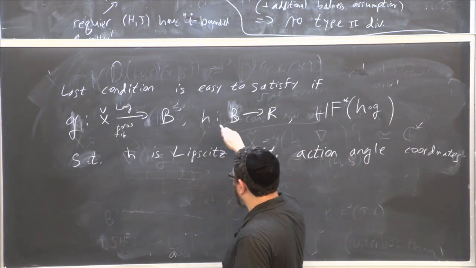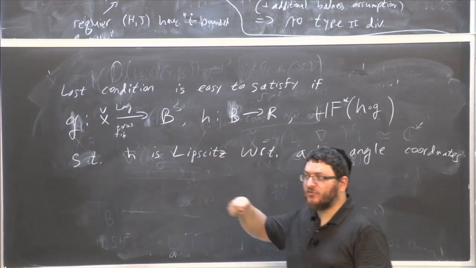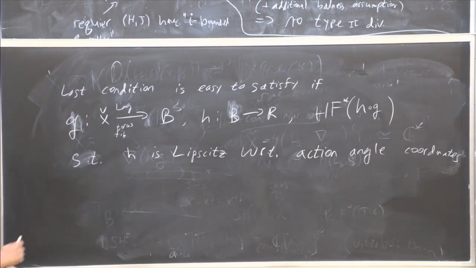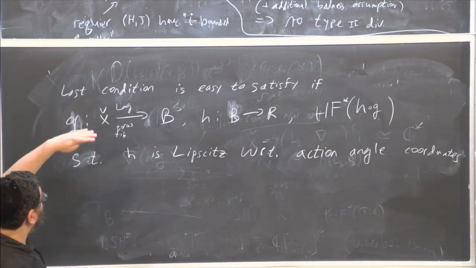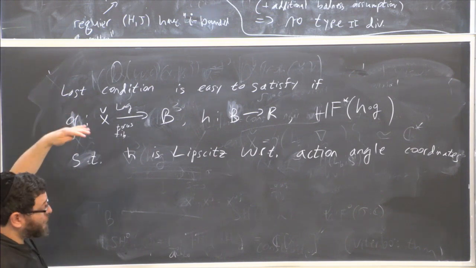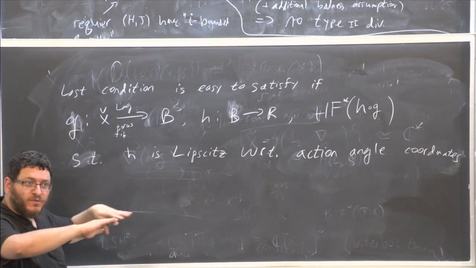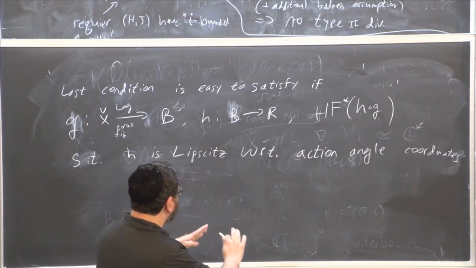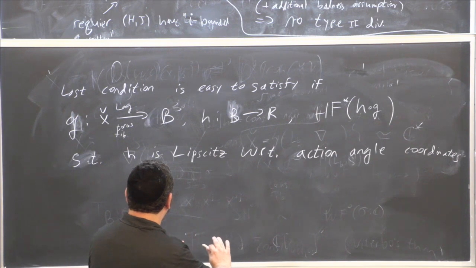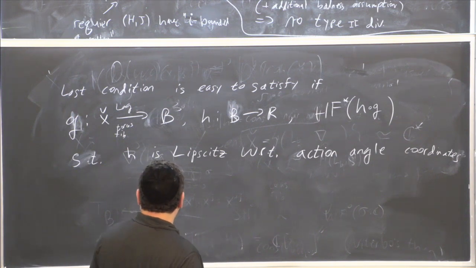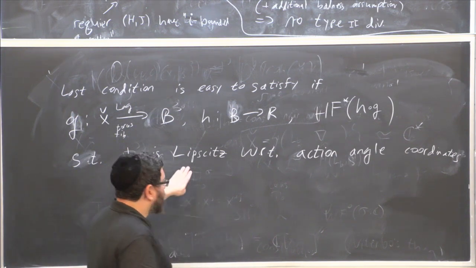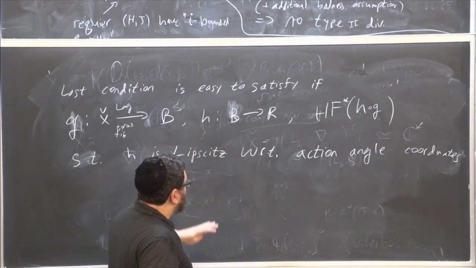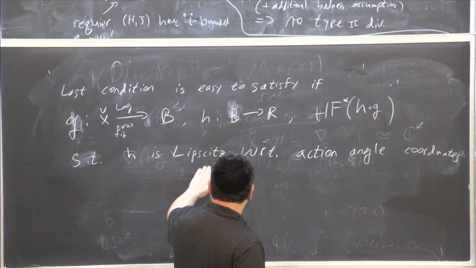Then this function h, its Hamiltonian flow is just moving you around on certain tori, like a higher dimensional example of the picture we had before with the cylinder. There are natural coordinates on the base, so it makes sense to talk about being Lipschitz.